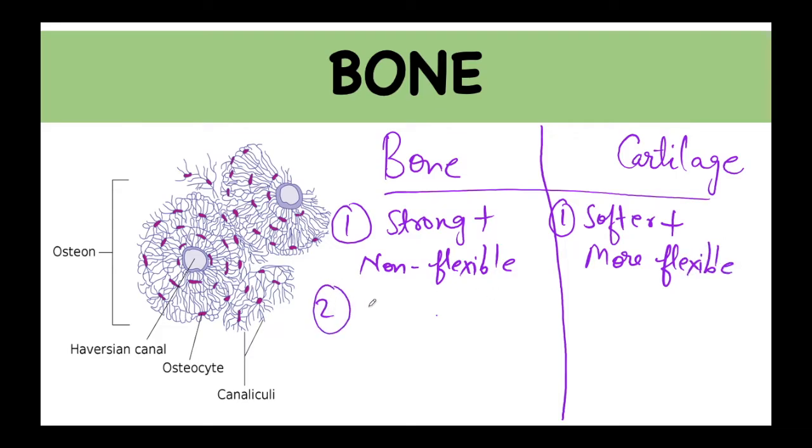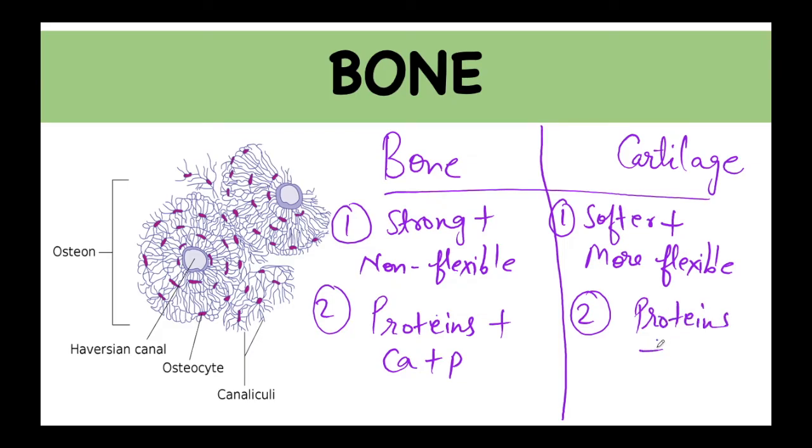Number two, bones have various proteins, calcium and phosphorus. Cartilage, the matrix of cartilage, is made up of some proteins and sugars. Sugars, for example, proteoglycan, we have already discussed this sugar.